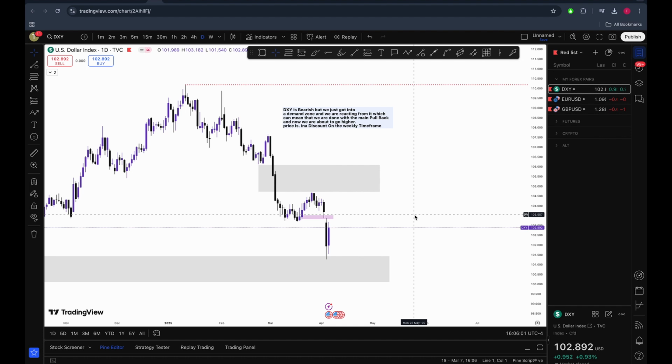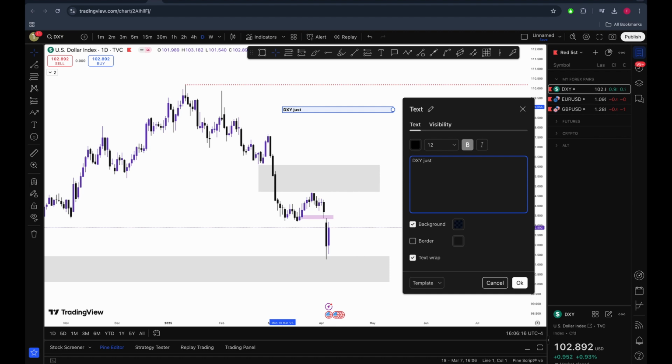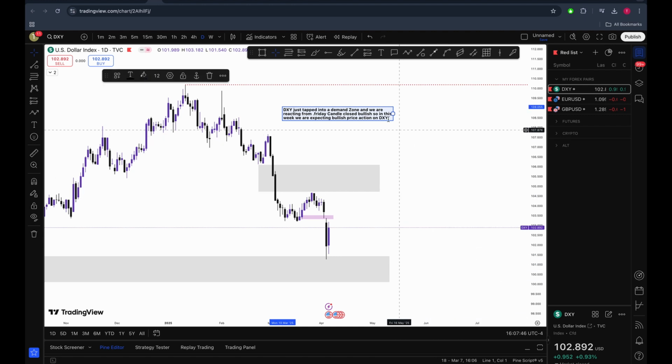So the XY just tapped into the demand zone, and the 5 day candle closed bullish. So in this one, yes, we are expecting bullish price action on XY. So basically that's it.